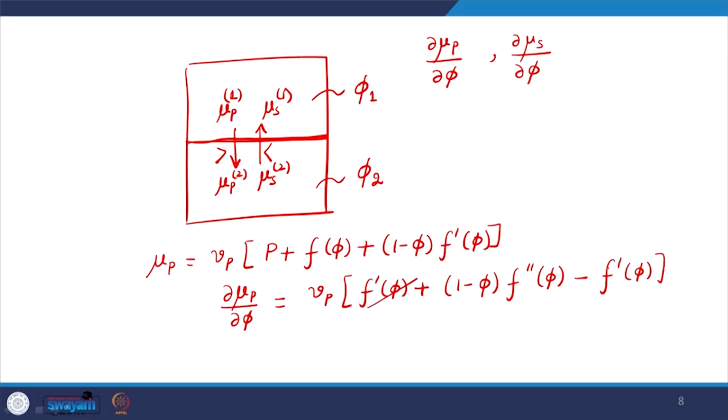So, we have some cancellation. So, ∂mu p/∂phi is essentially Vp multiplied with (1 minus phi) multiplied with f double prime of phi.